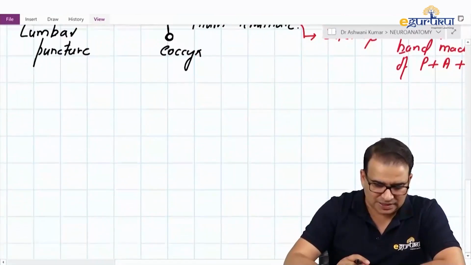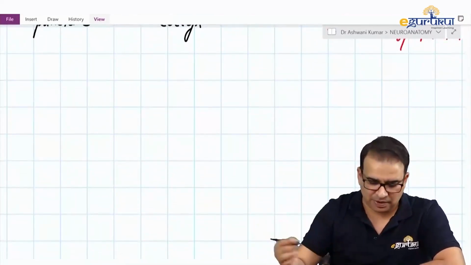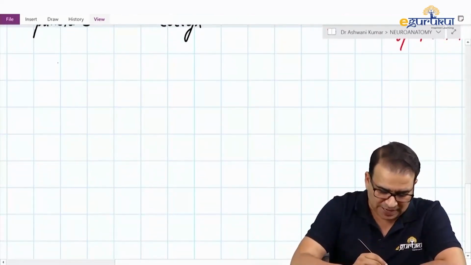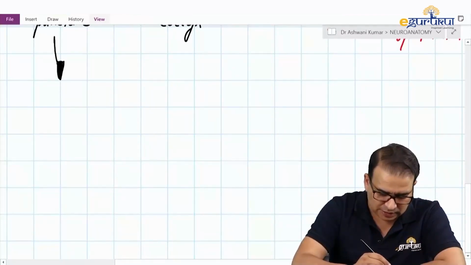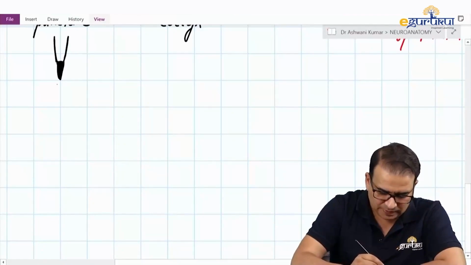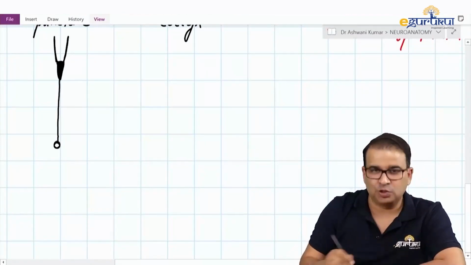Now I'm not discussing that part as of now, because as I said, I'm keeping it for the last in the spinal cord. But as you just saw, if this was the conus medullaris part, and there is an upper part of the spinal cord there, and here we have the filum terminale coming to the coccygeal vertebrae.